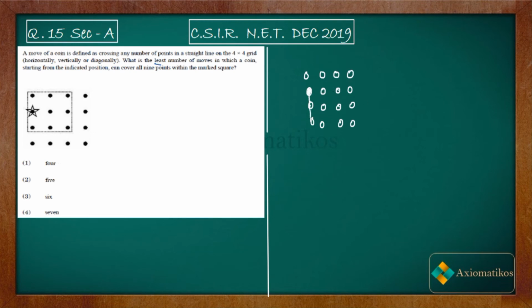You come down like this. Now in this way you have filled this one also, and this one. Now I will go diagonally up, so you will fill this, this, and this. Now I will go horizontally over here, so this, this, and this are filled.